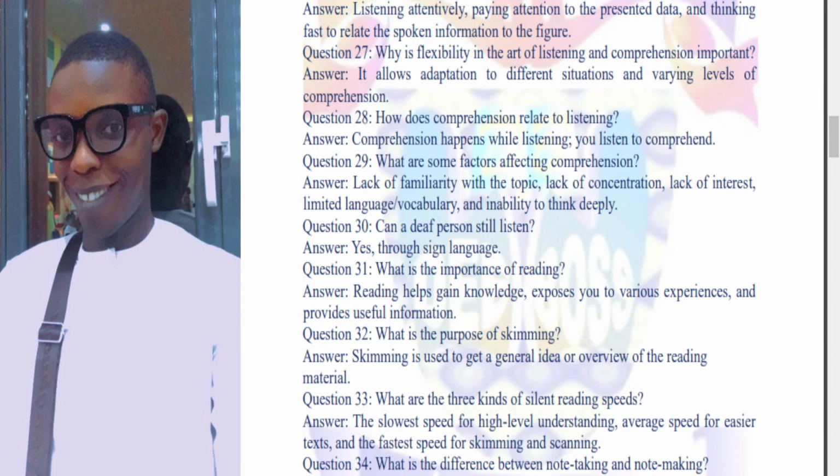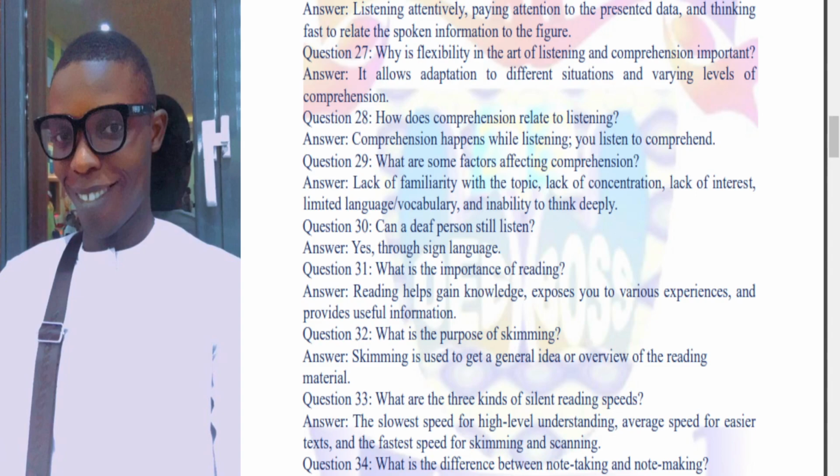Okay, so today we'll be looking at skimming and scanning. What is the purpose of skimming? Skimming is used to get a general idea or overview of the reading material.